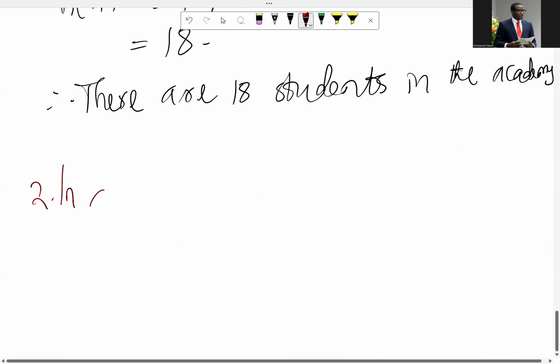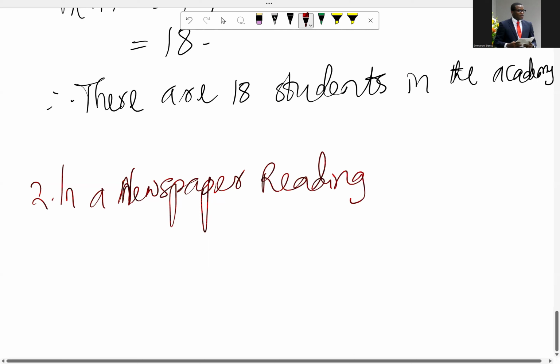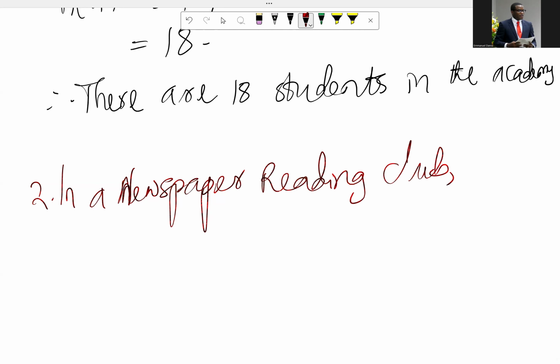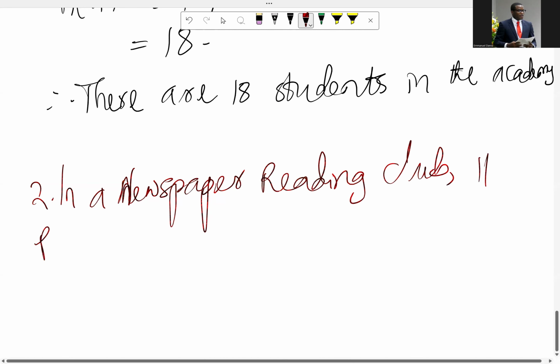In a newspaper reading club, let's assume something like that exists. In a newspaper reading club, 11 people read the Guardian.